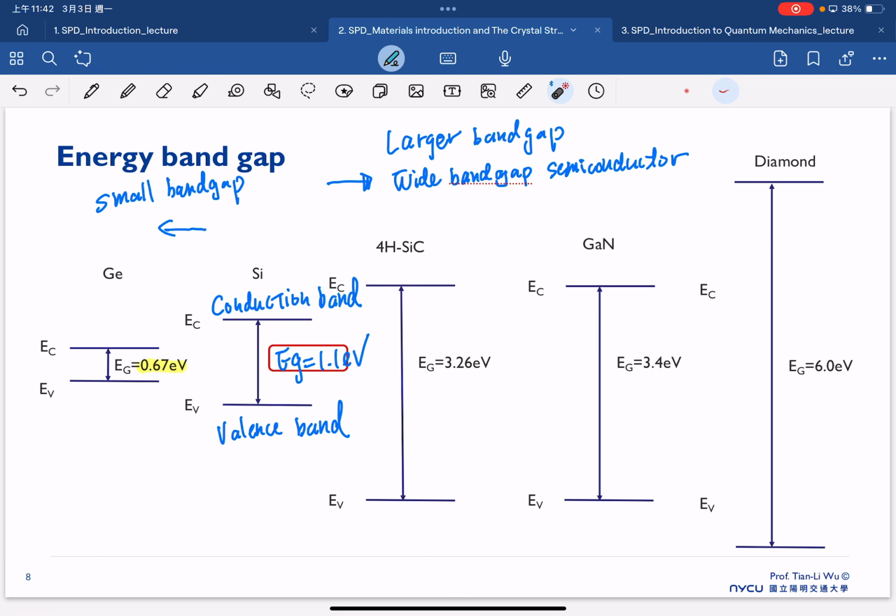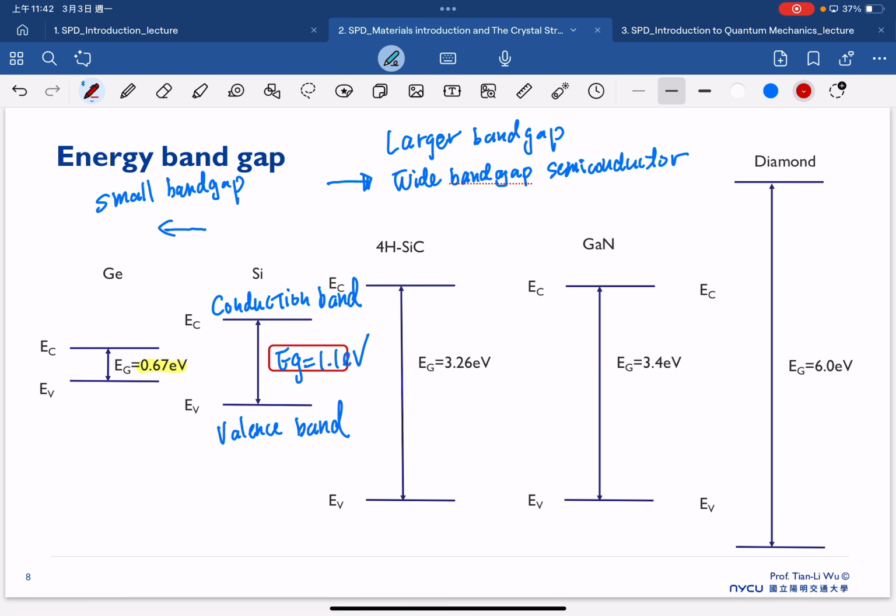And one of the key implications of the band gap is related to the leakage current. In the later part of the course, we will explain what the valence band and conduction band mean.